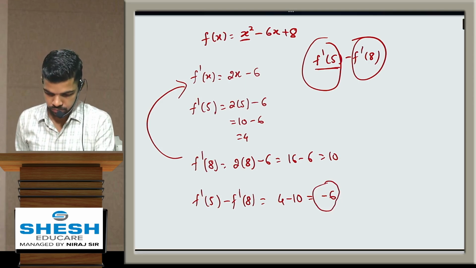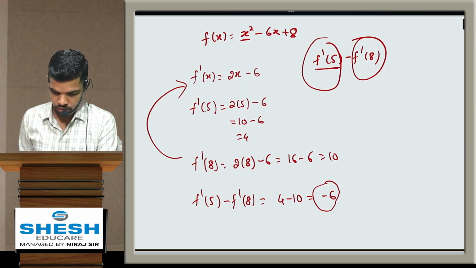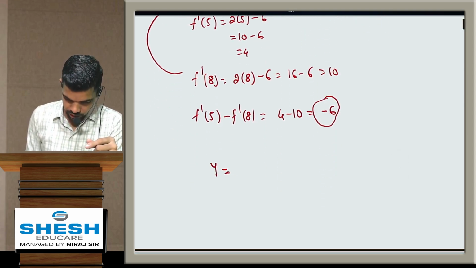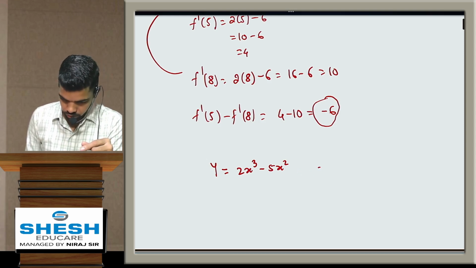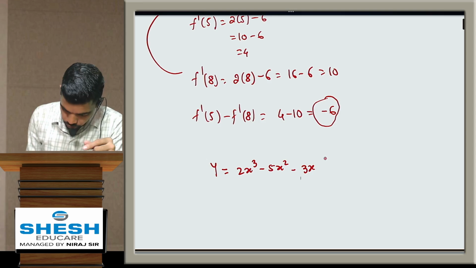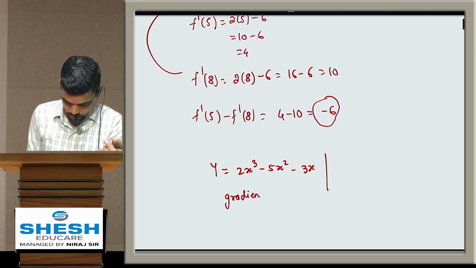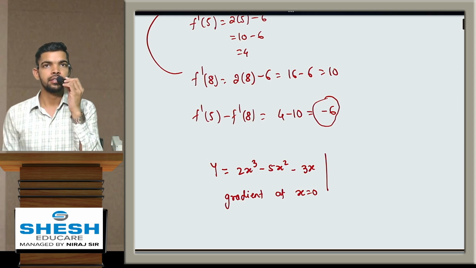Next question is, yes. They are saying the curve is given as 2x cube minus 5x square minus 3x. And we have to find gradient at x is equals to 0.